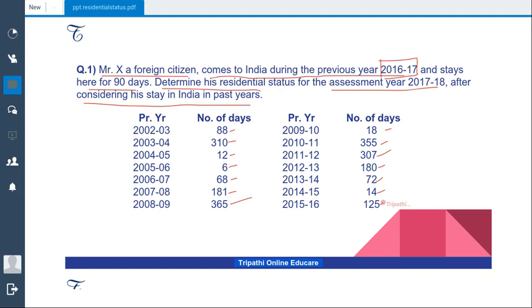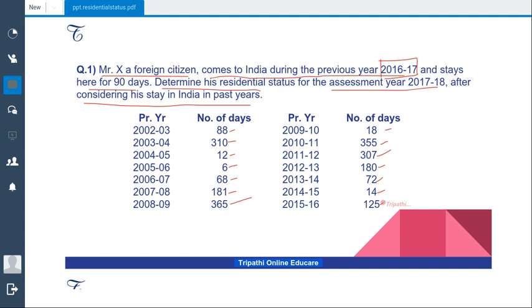So now we want to know whether he is resident of India or non-resident of India. To become resident of India, he will have to fulfill the basic condition. There are two basic conditions, out of which he is not fulfilling the first basic condition of 182 days or more. But he is fulfilling the first part of second basic condition, that is of 60 days or more.